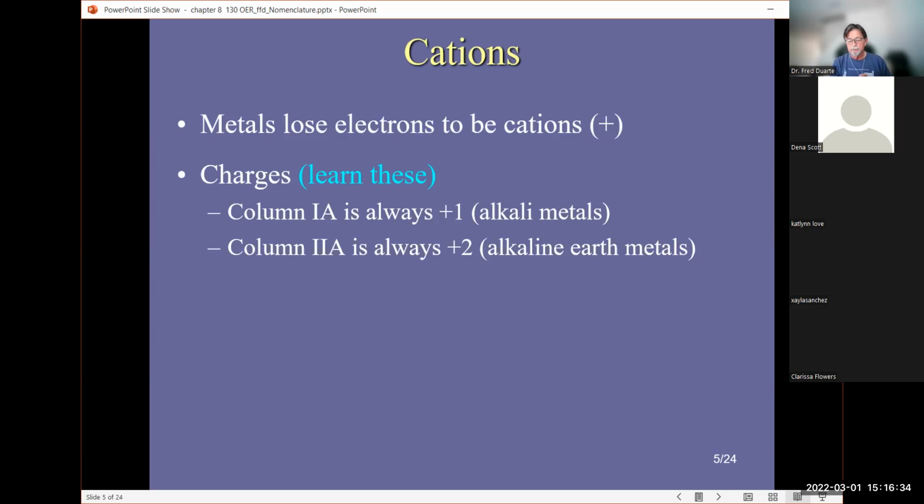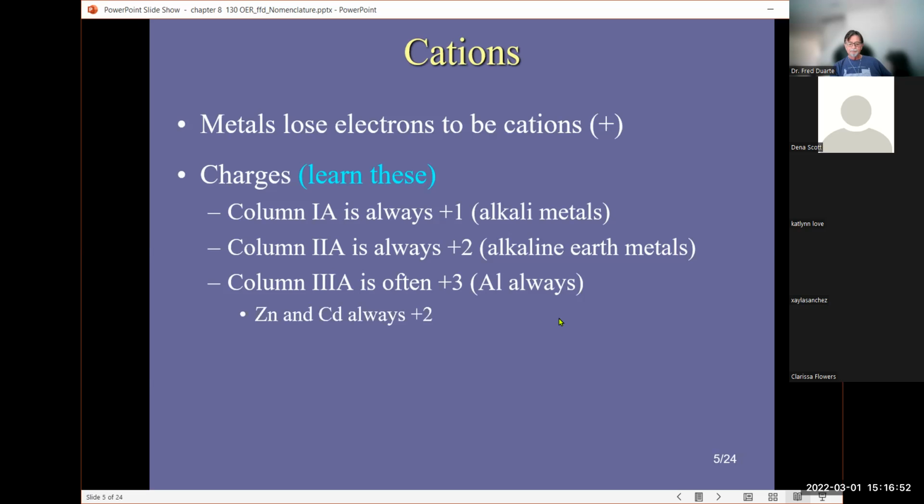We talked at length about the main group A elements, the metals specifically: group 1A will always have a +1 oxidation state and group 2A always has a +2. The group 3 metals always have a +3, and cadmium and zinc always have a +2, silver always a +1.